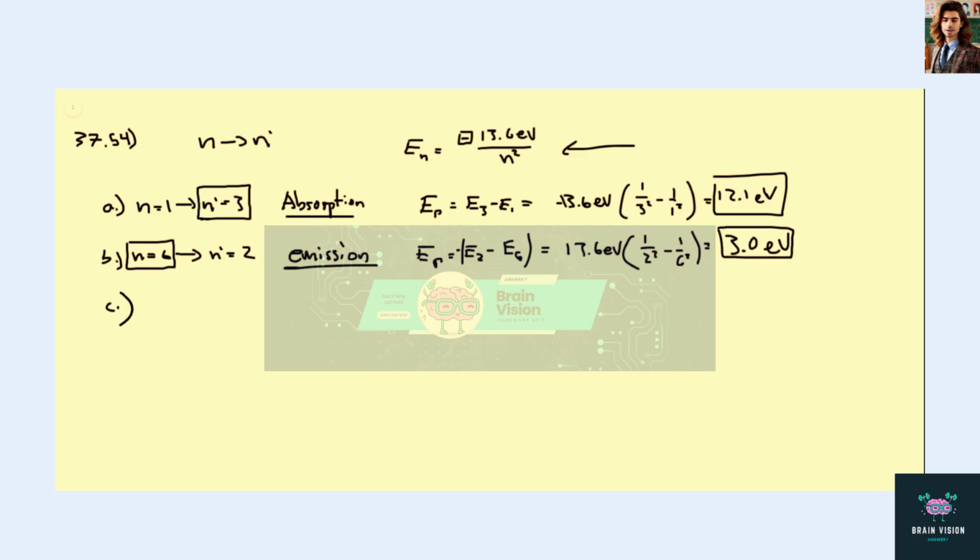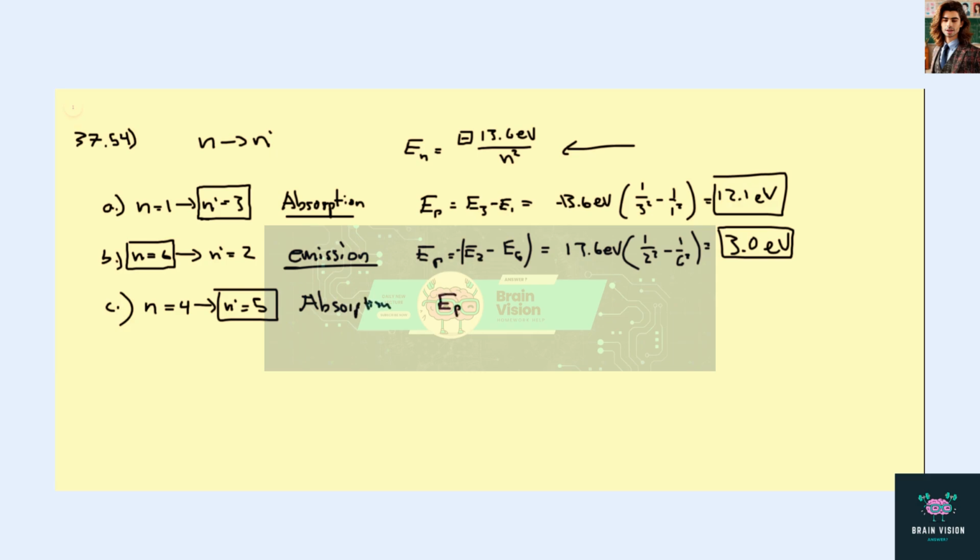Okay, part C says N equals 4, and we're moving to N prime of 5. Again, we see N prime is bigger, so it's a higher energy level, so this leads us to absorption.